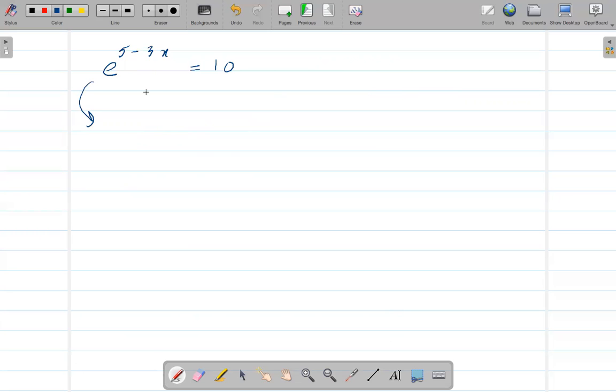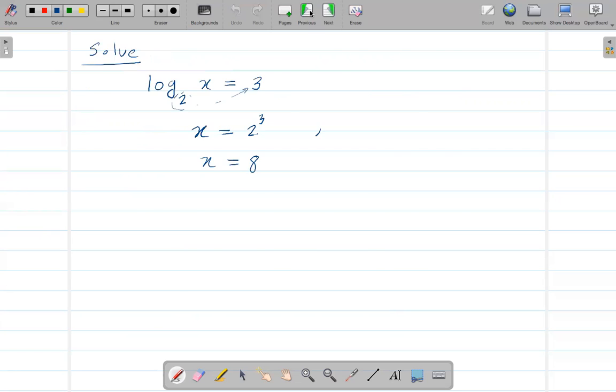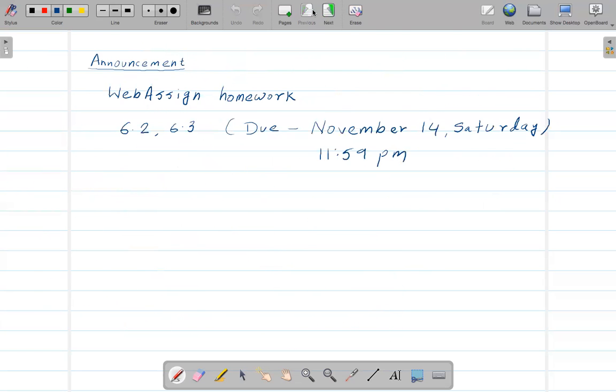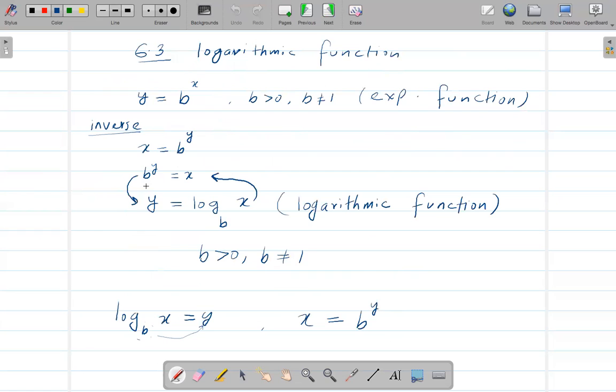The way we do that is going back to what I explained here. To change an exponential function to a log function, on the left hand side, the power is equal to log, and the base is going to be the base of the log of x, right?